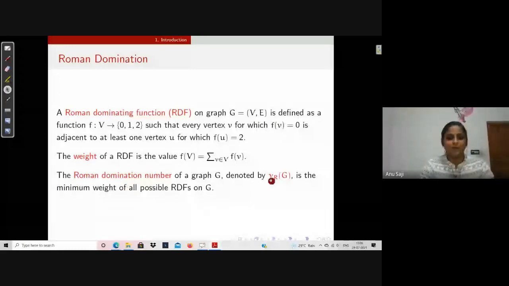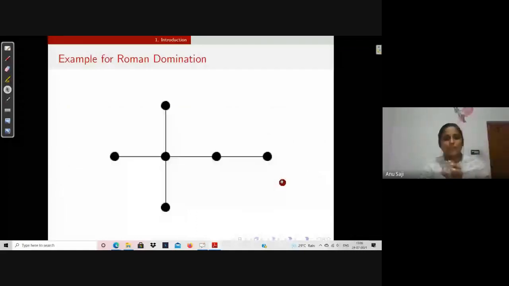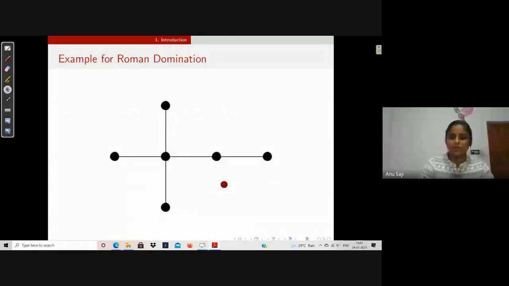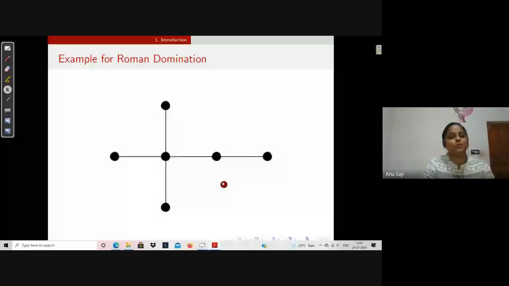Consider this example. We have to give the values 0, 1, 2, such that a vertex with the value 0 must be adjacent to at least one vertex with value 2. We have to minimize the total weight. So it is feasible to assign the value 2 to this vertex, so that we can give 0 to all the neighboring vertices.